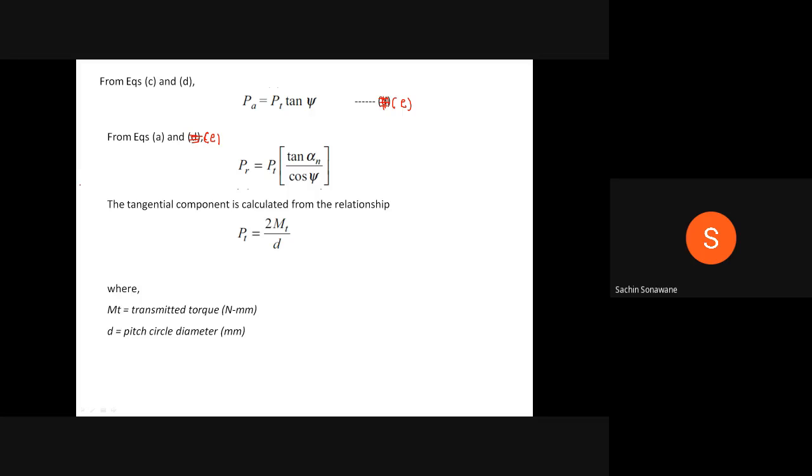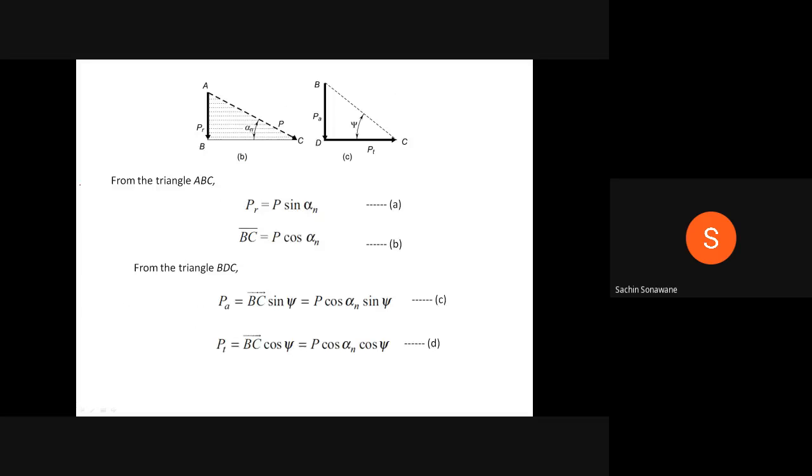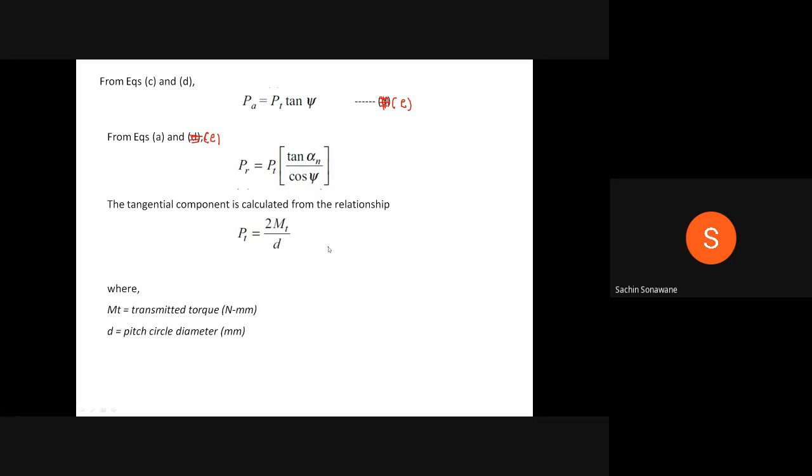Therefore, Pr is equal to, this is correct from equations A and E. Write down this.